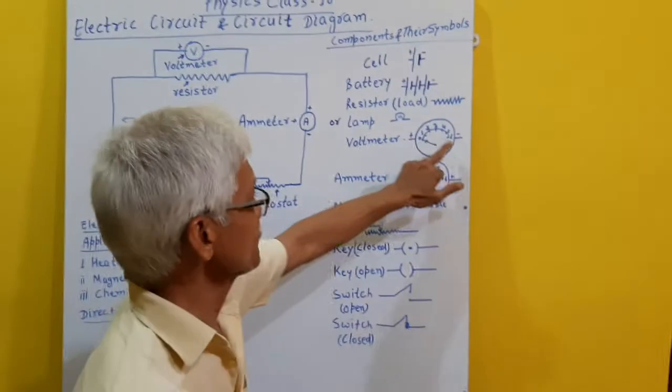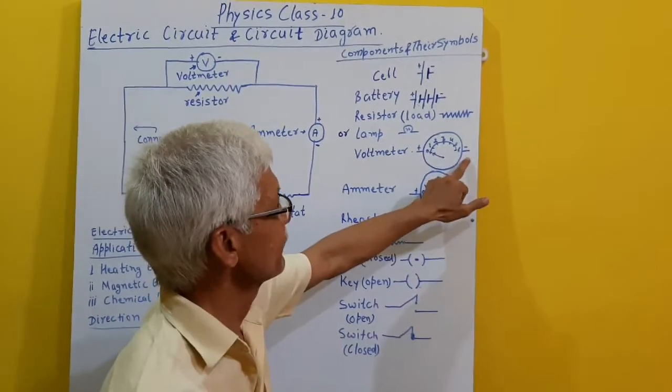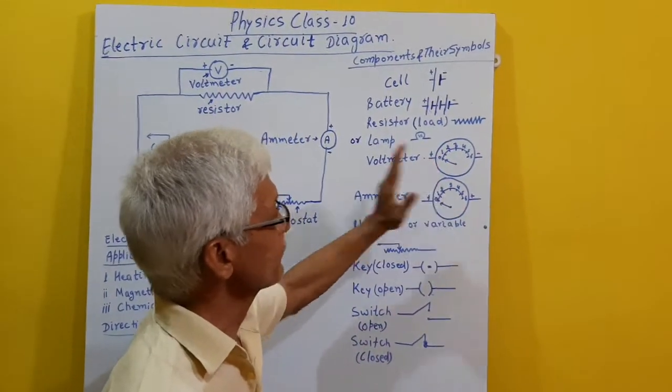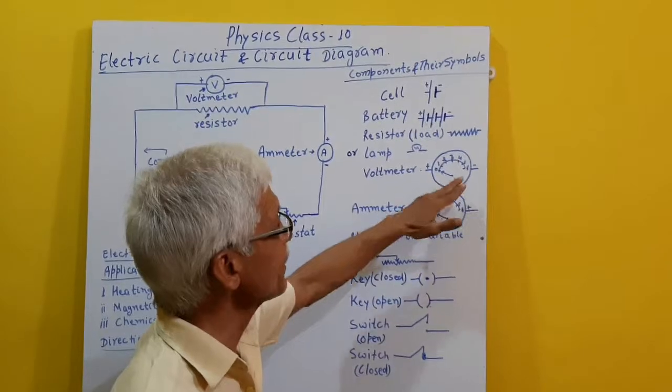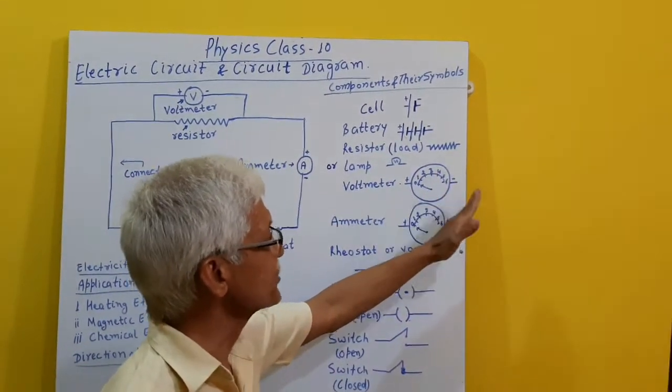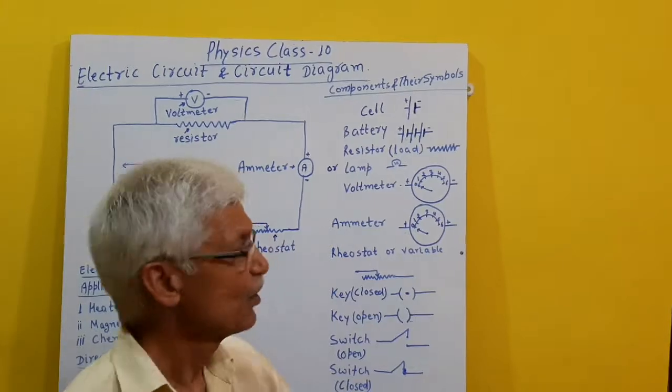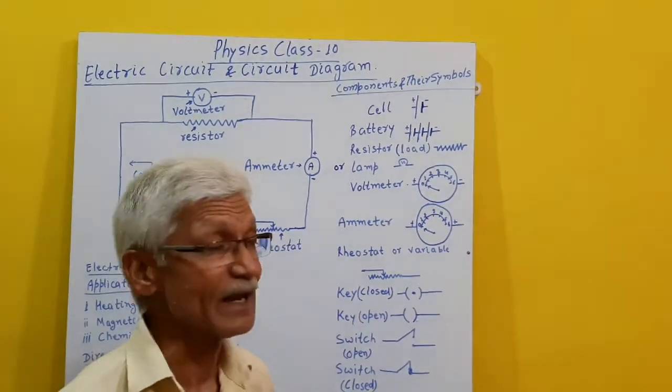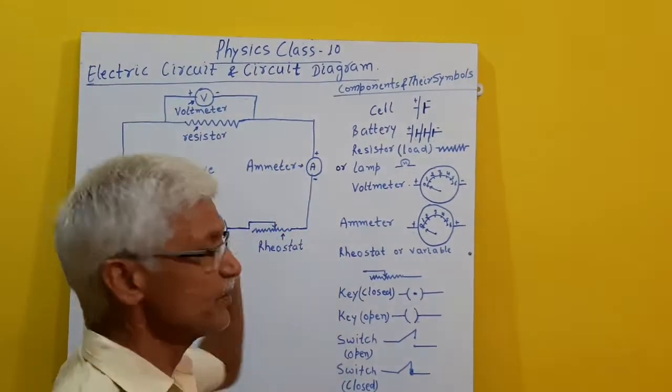It has two terminals, positive and negative. Through the positive terminal, the current enters the voltmeter, and through the negative terminal, the current exits. A voltmeter is always connected in parallel in the circuit.